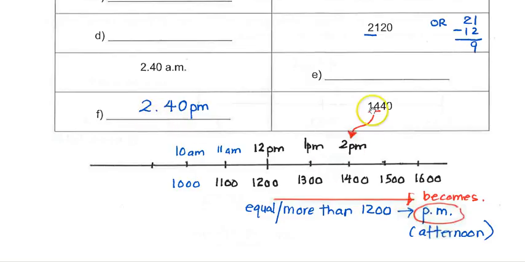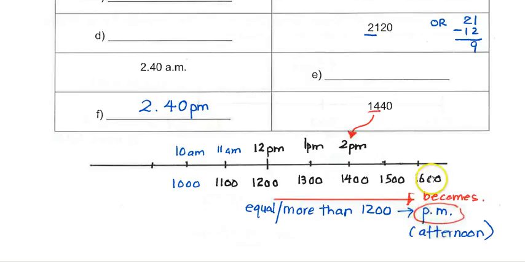For example, 1440. Anything that is equal or more than 1200, for example 1300, 1400, 1500, all these are afternoon. That's why I wrote here it becomes PM, afternoon.